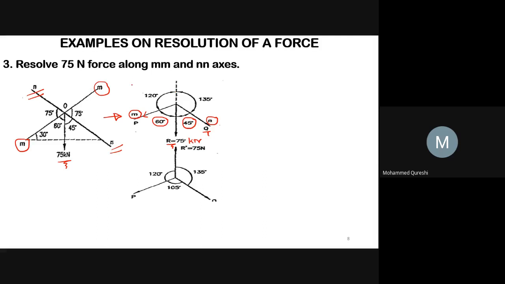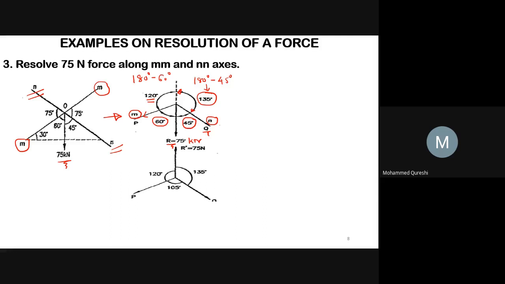So 180 degree minus the given angle 60, you will get this remaining angle as 120 degree. Similarly, here total is 180 degree, so 180 degree minus 45 gives 135 degree, the remaining angle from here till here.